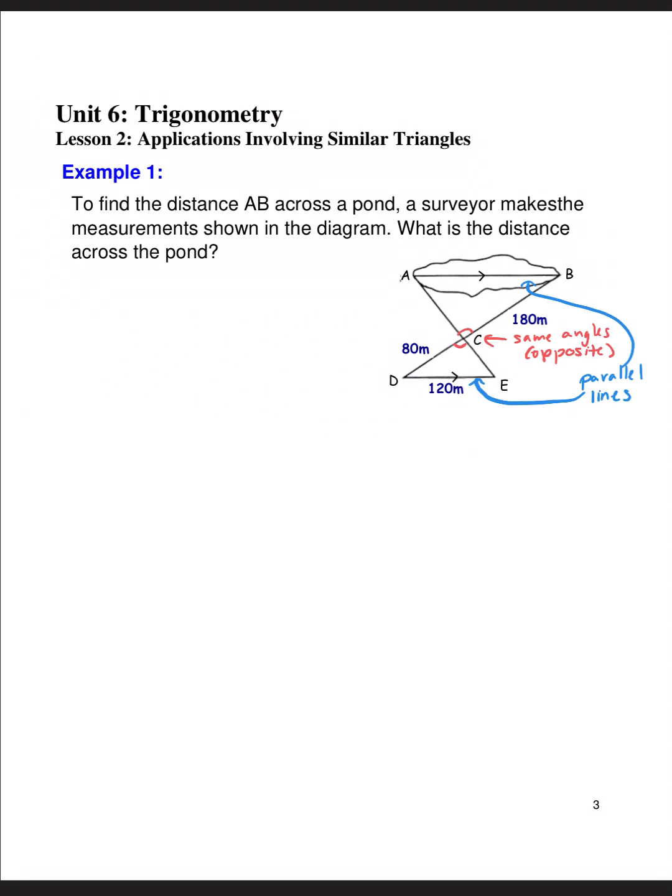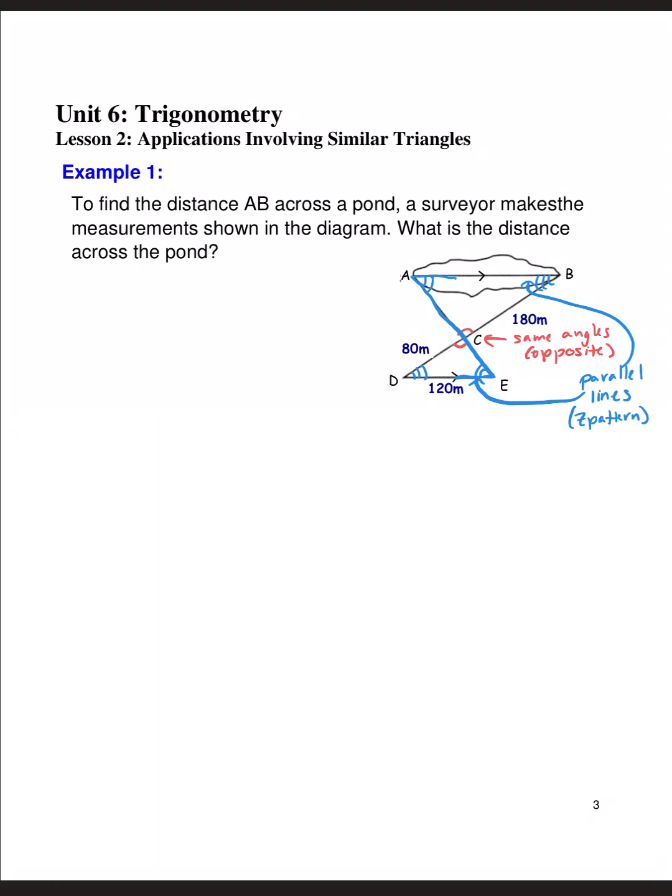So angles that form a Z pattern, the angles formed by a transversal, are going to be equal to each other, so we're just going to write Z pattern. This angle is equal to this angle, and again we can see the other Z pattern, so this angle is equal to this angle.